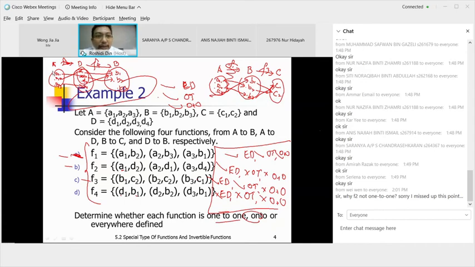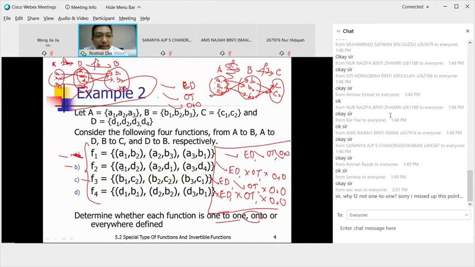Because A maps to D, but D is not fully utilized. If we want to get one-to-one, if here is 3, here should be 3, and the mapping is one from here to here.